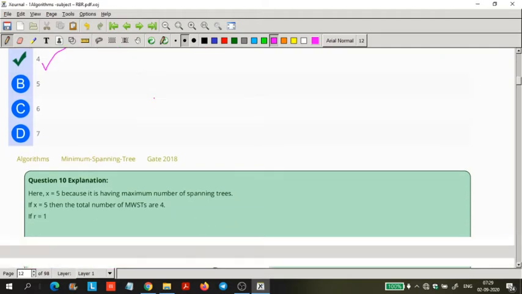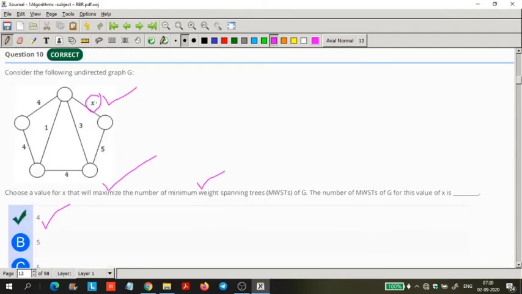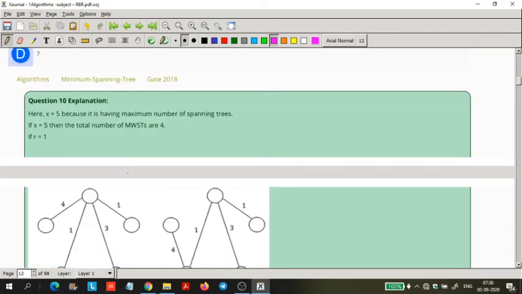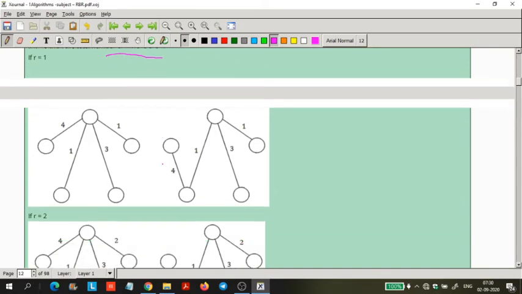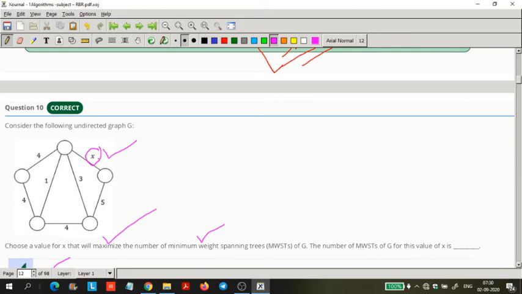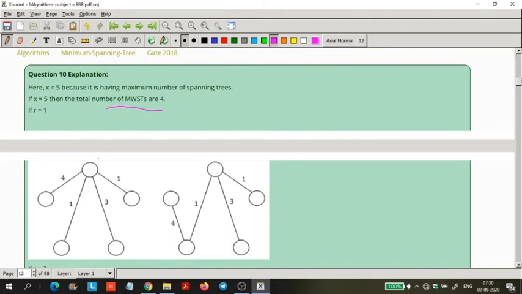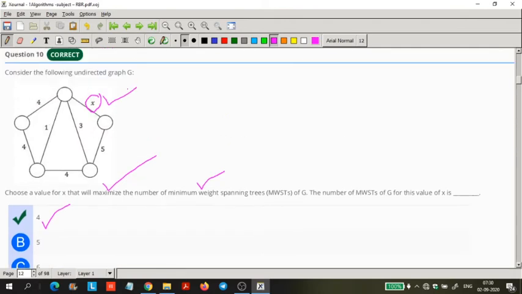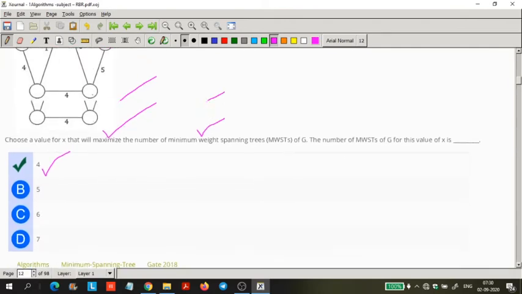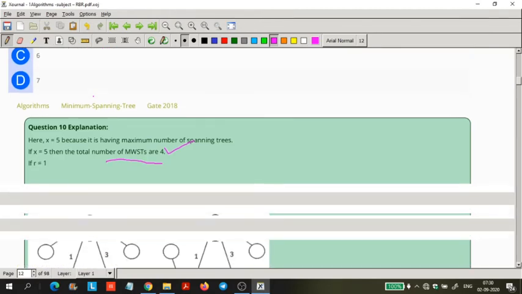If x is 5, because it is having the maximum number of spanning trees, then the total number of minimum weight spanning trees is 4.